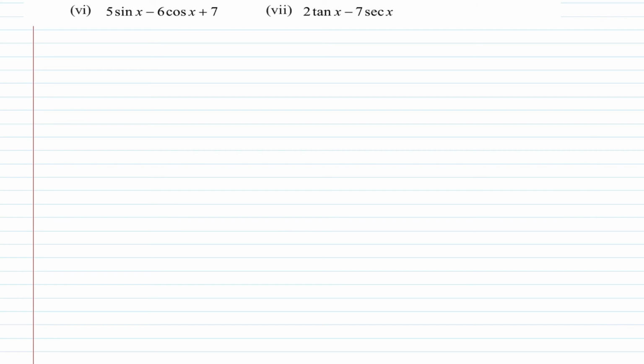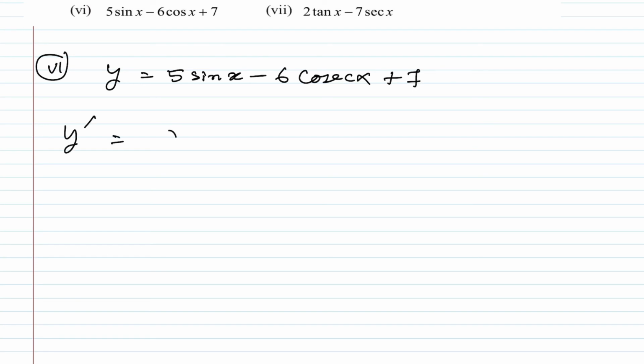Now we are going to solve question number 6 of question number 11. So here y is 5 sin x minus 6 cosec x plus 7. Now let us find the derivative.